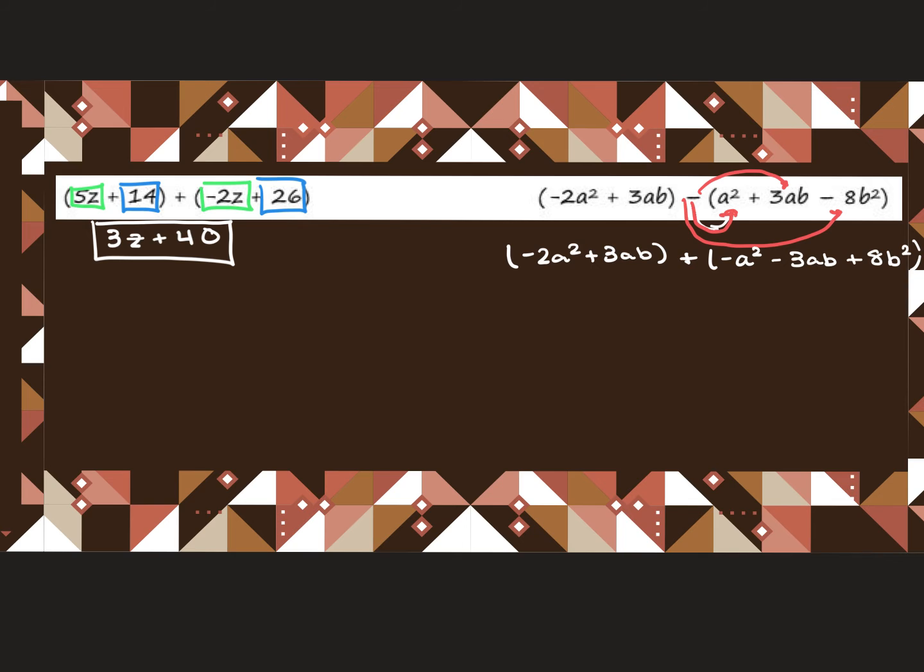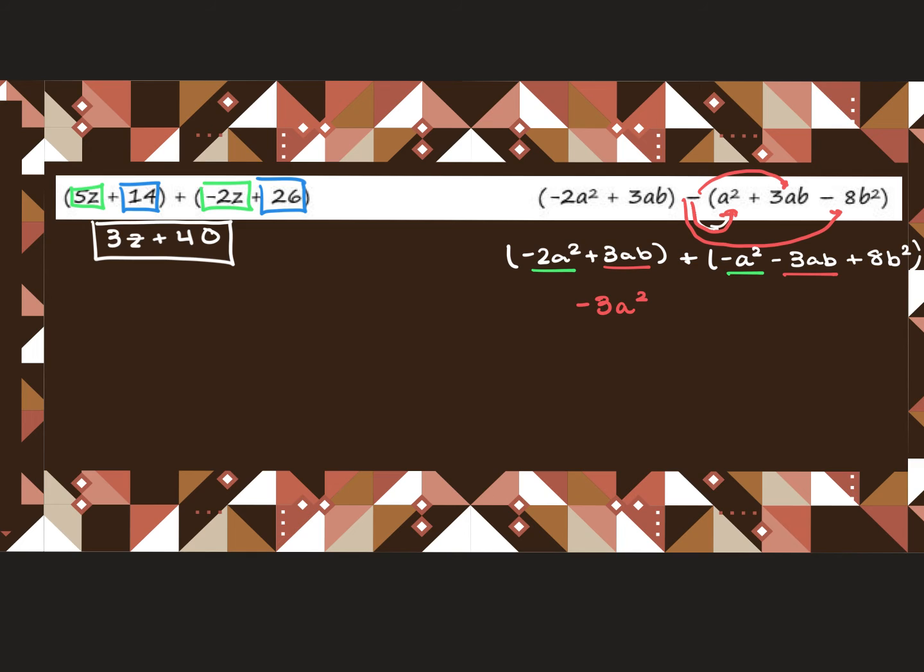Again, I'm going to collect my like terms. So I have a negative 2a squared and a negative a squared. Then I have 3ab and a negative 3ab. A negative 2a squared plus negative a squared gives me negative 3a squared.